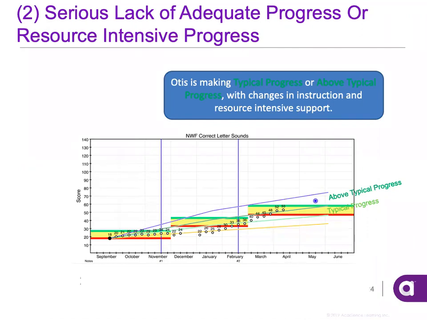This is what MTSS was designed to do. This is the alternative to that old refer, test, place, you're in special ed forever with low expectations and not a lot of growth model that we used to do.